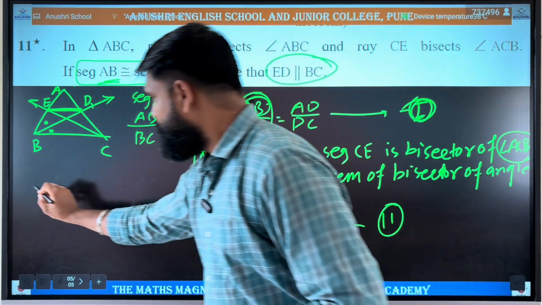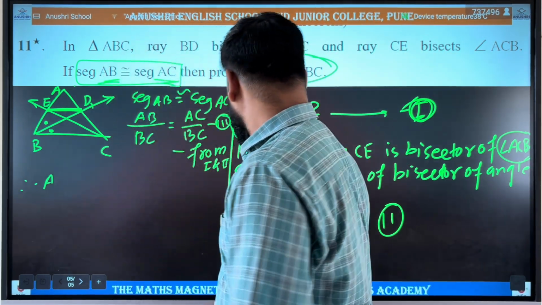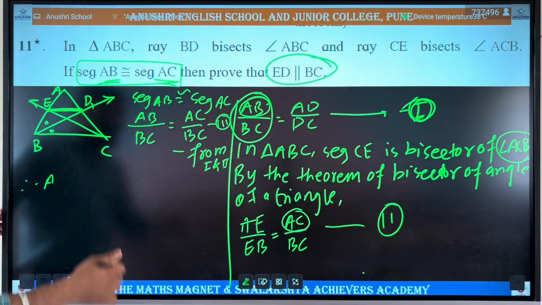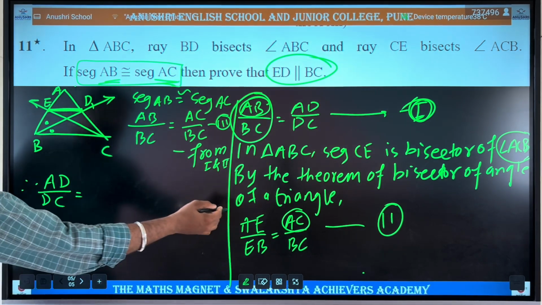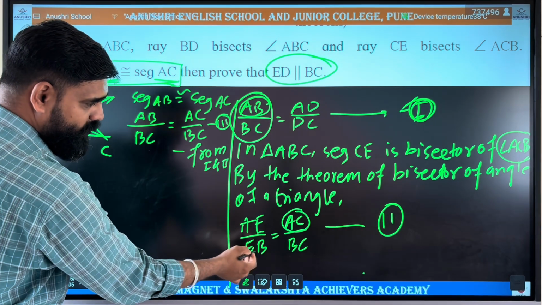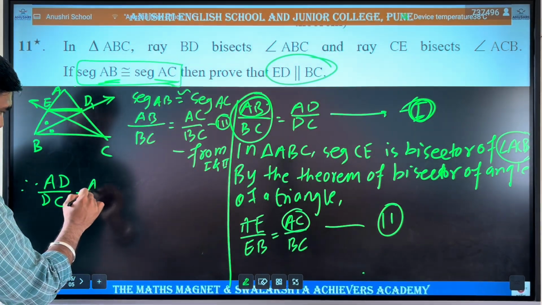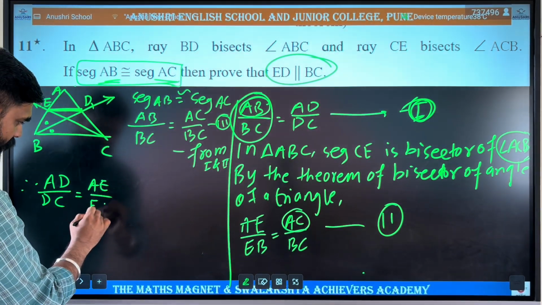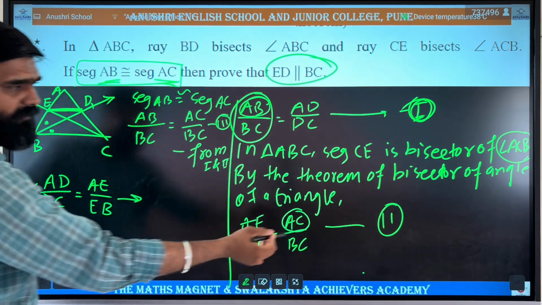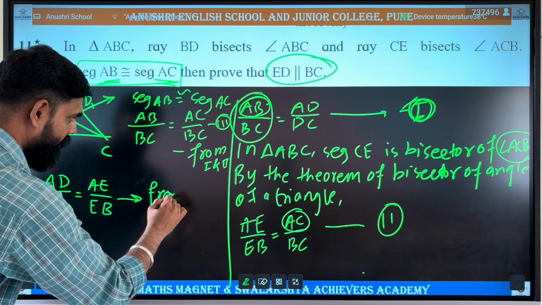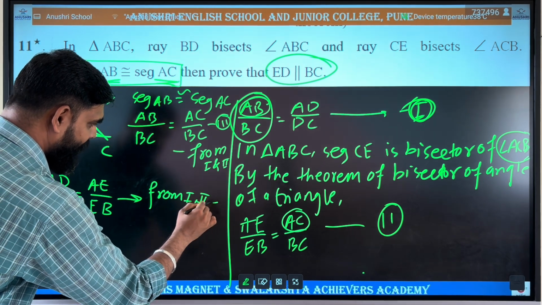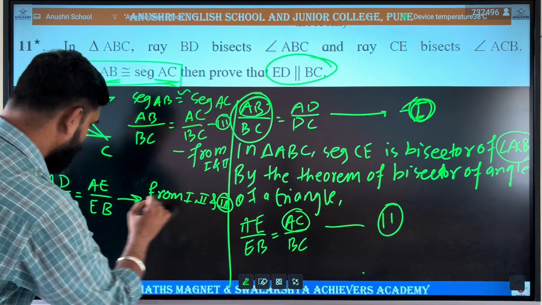Okay, after that we will write the reason for that. इसका रीजन क्या लिखेंगे? फ्रॉम 1, 2 एंड 3 we can write these ratios equal.